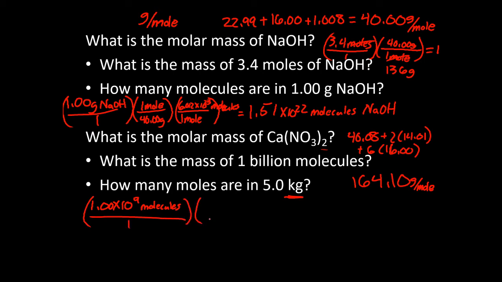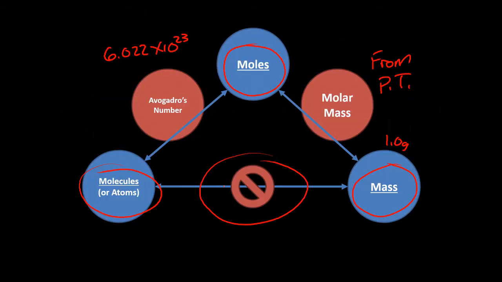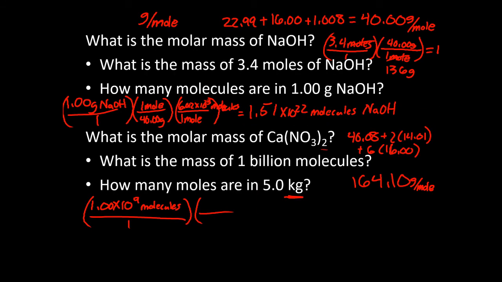If I want to know the mass of that, I'm going to be going in the opposite direction, essentially, of what we've done up to this point. I'm starting here with molecules, going to moles, and then to mass. So the first thing I need to do is divide by Avogadro's number, because that will give me the number of moles.